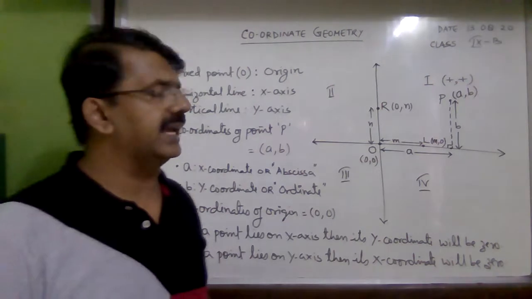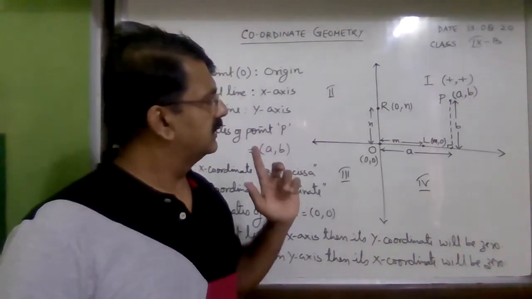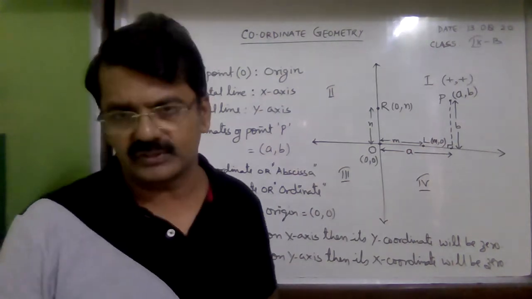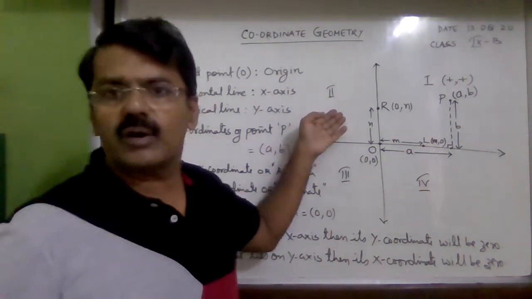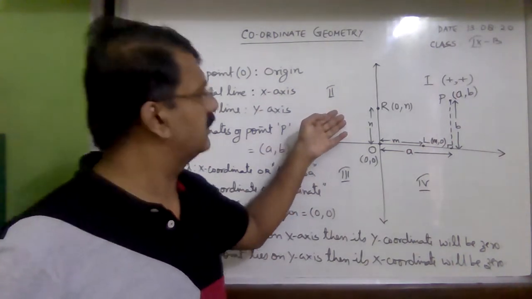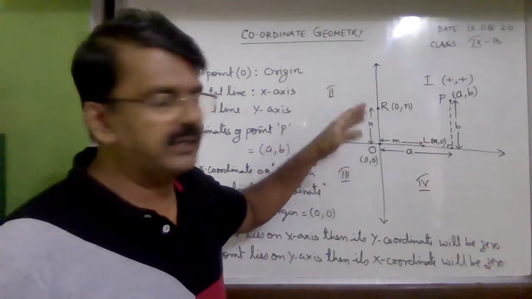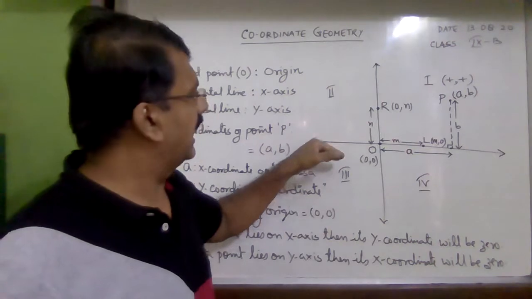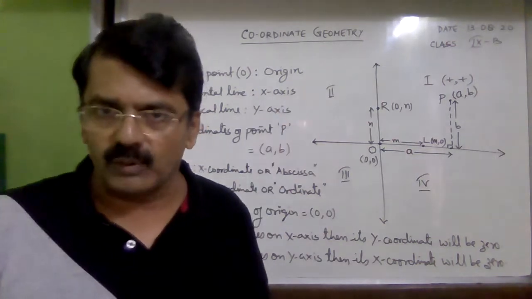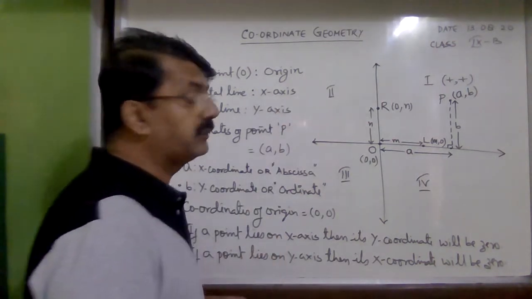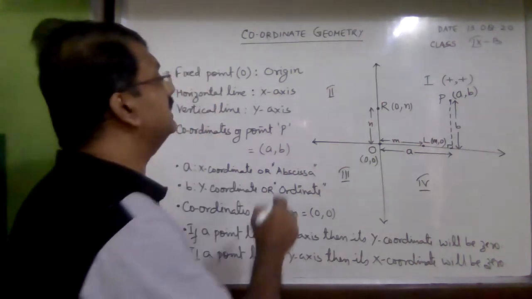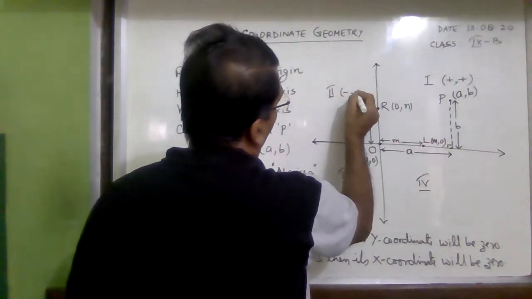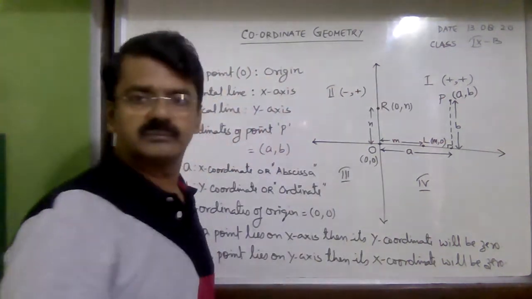Now if a point lies in the second quadrant, to reach that point from origin, first of all you have to move to the left and then in the positive direction. Left means negative, that means the x coordinate will be negative and y coordinate will be positive.